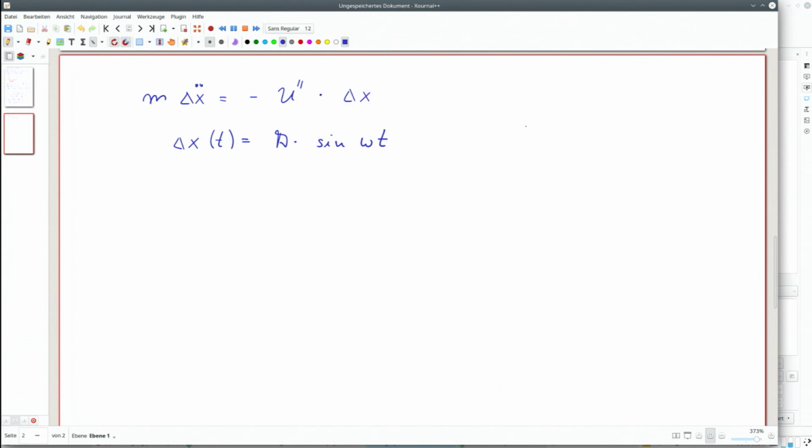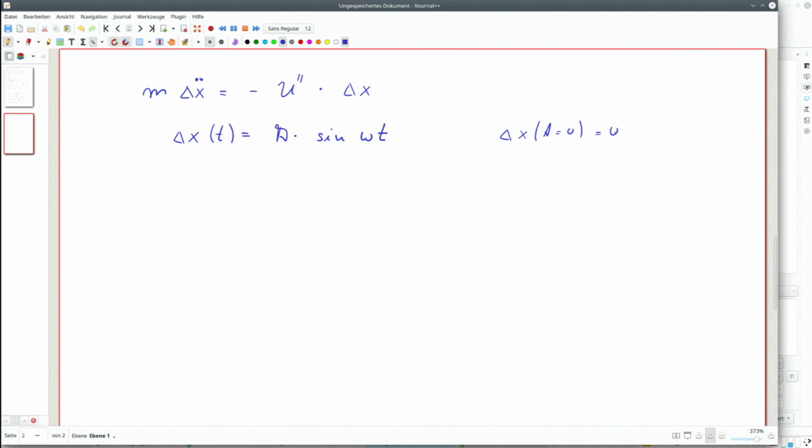If we assume here that delta x at time 0 is 0, then we don't have this cosine term. And we can check what this A is. No, sorry, what the omega is.